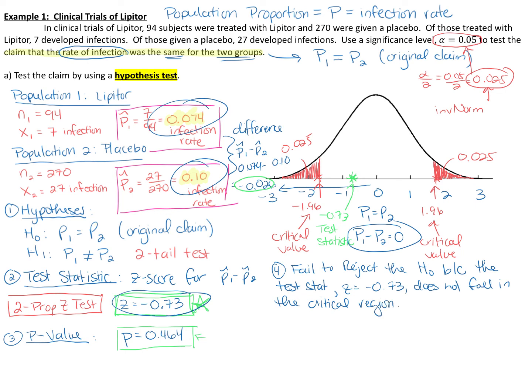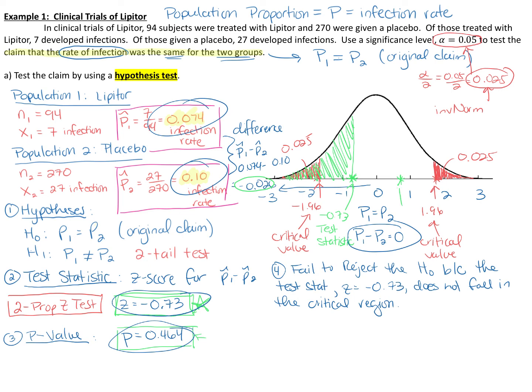But I'm going to also talk about how you know to fail to reject the null hypothesis if you're using the p-value method. Visually, I'll show you on the graph here, the p-value represents the area that I'm about to shade in green. Because this is a two-tailed test, I'm going to mark it on the left-hand side and on the right-hand side.